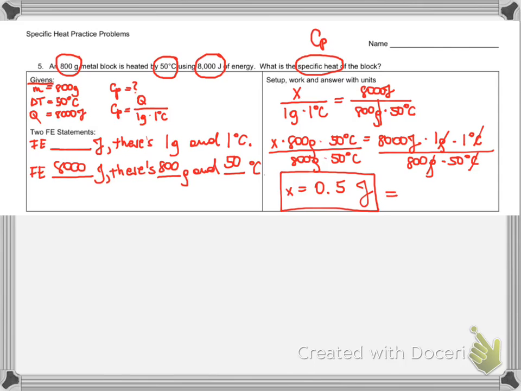So the actual answer is 0.5 joules per 1 gram per 1 Celsius. And this is how you solve specific heat problems.